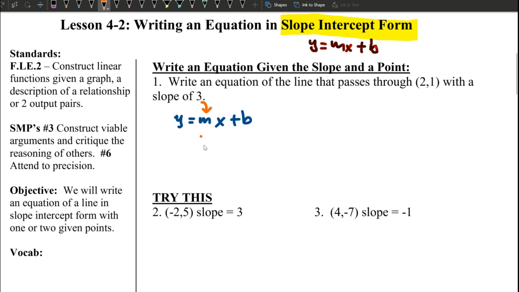We know the m is 3. The x and y are given, which is this point's x and y values. Normally we put x1, y1, but over here we only have one x and one y, so we just plug in straightforward. The y will be 1 and the x will be 2.